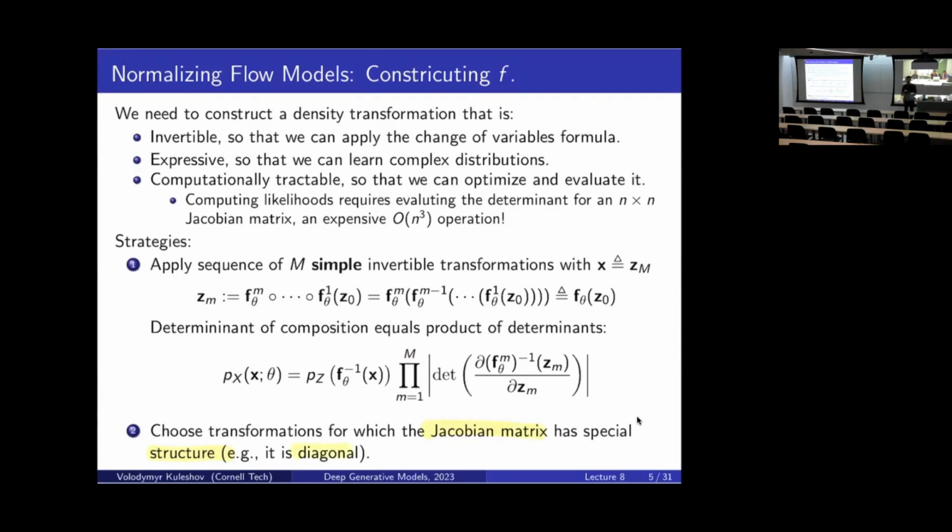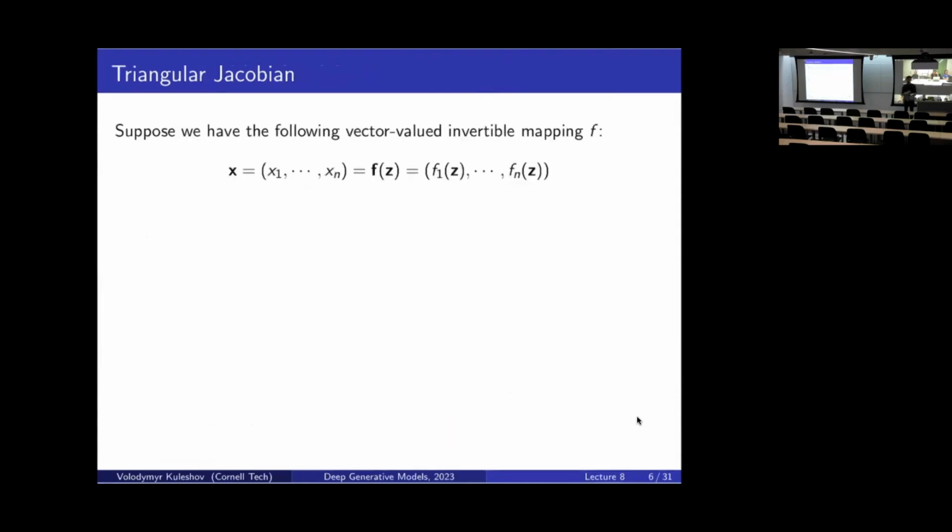What other structures lead to tractable Jacobians? And starting from thinking about a Jacobian, can we go back and create interesting mappings? That's another general strategy. Now let me give you an example of what I mean by that.